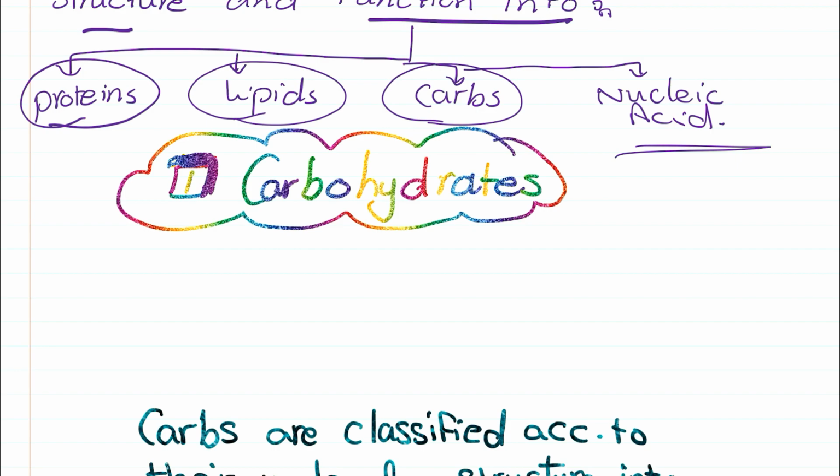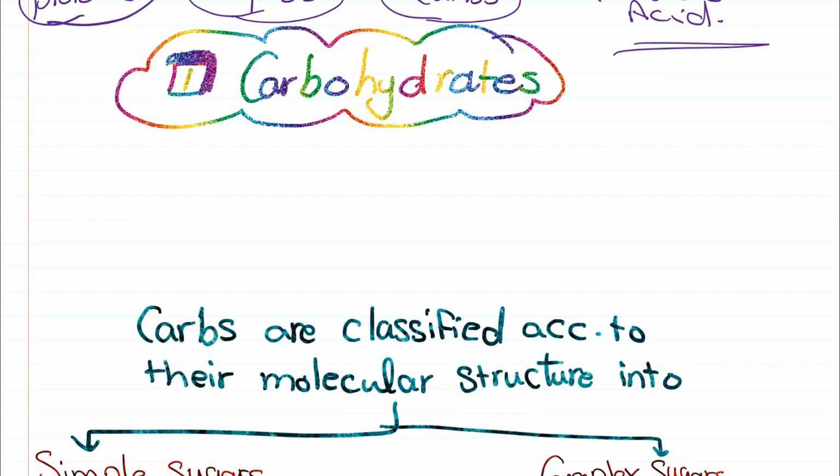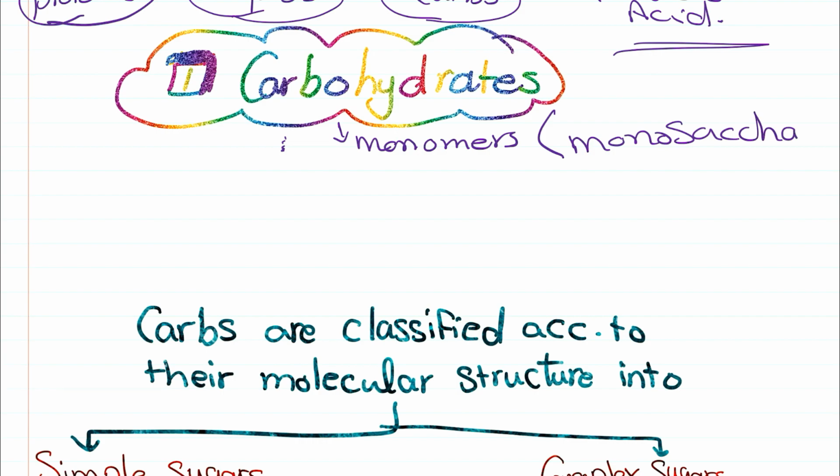Carbohydrates, as we said, are large polymers or biological macromolecules. They are formed of monomers. What are the monomers of carbohydrates? They are called monosaccharides. As I told you, mono relates to only one molecule of sugar.